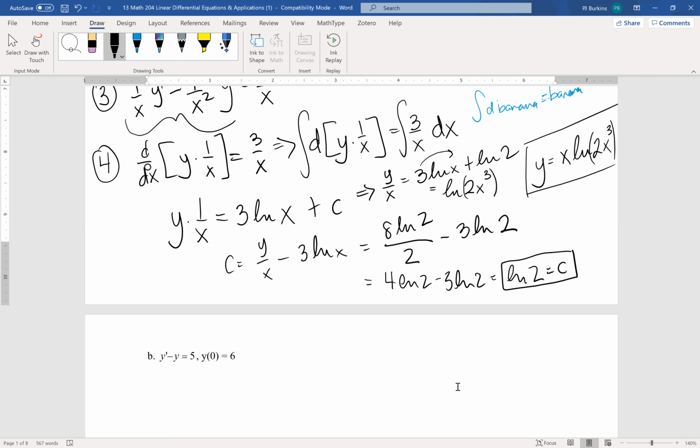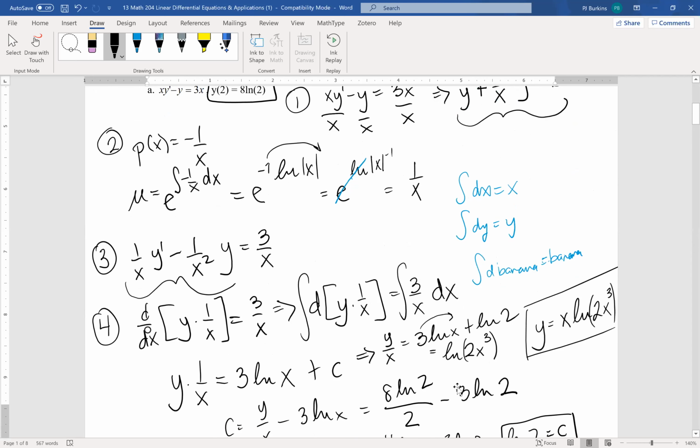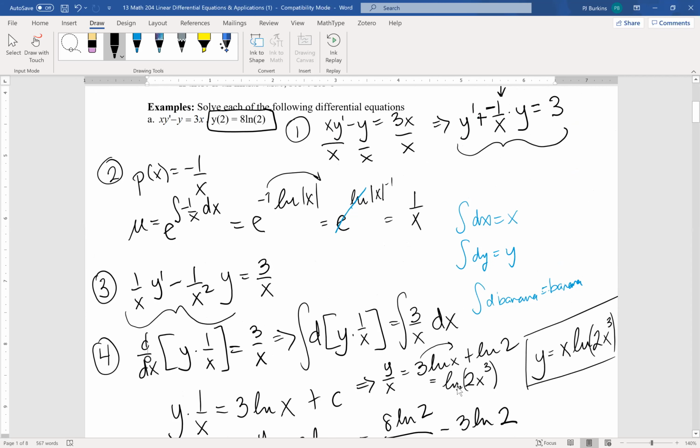So let me just go back through the steps one more time. First step was to take the original equation and get it in the correct format. So we needed y prime by itself. We did that. We established p of x, which was minus 1 over x. From that, we calculated the integrating factor, mu. Once we have mu, we multiply through the equation in the correct format.